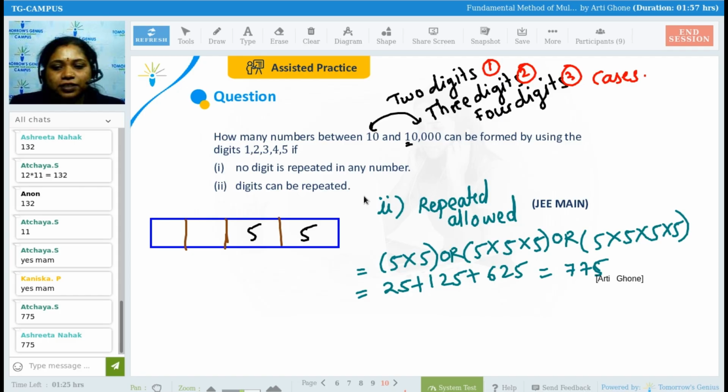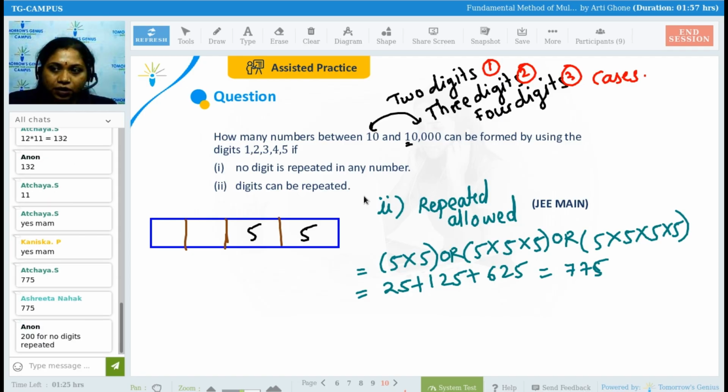Now that knowledge is given to you for the repeated one, can you please try it for the non-repeated one? Just try and give your answer.